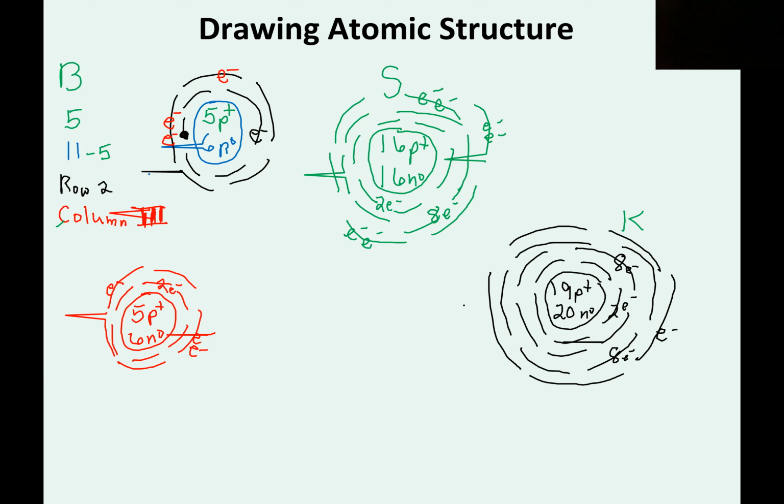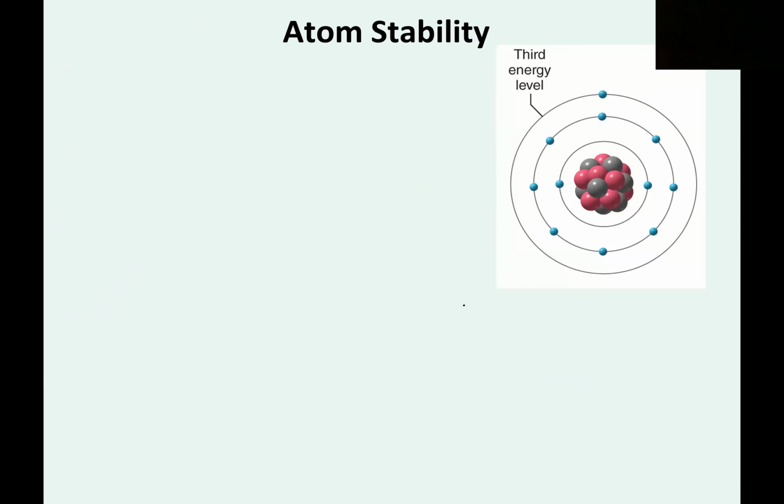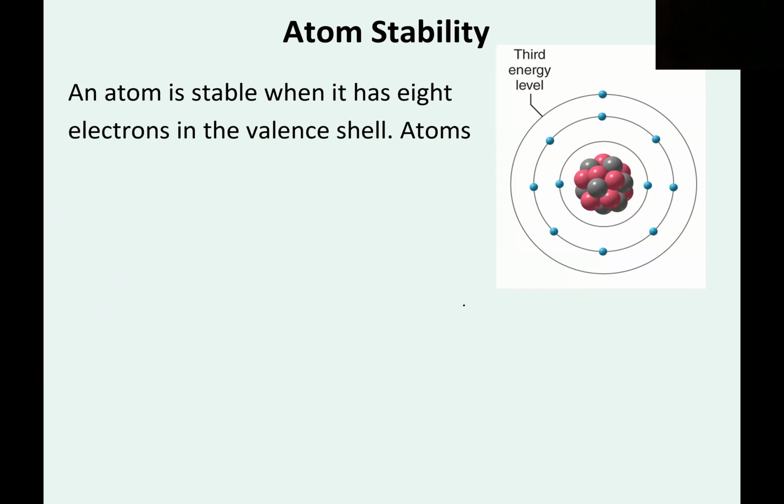You can also use atomic structure when you draw molecules. Now, atomic stability. An atom is stable when it has 8 electrons in the valence shell, except for the first shell.